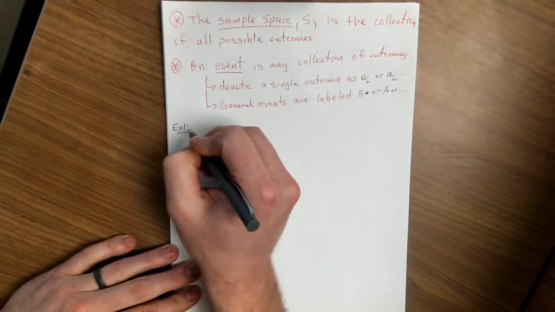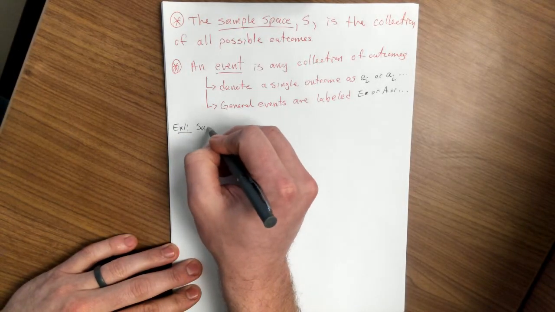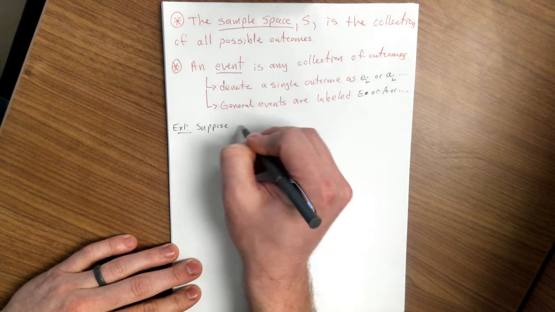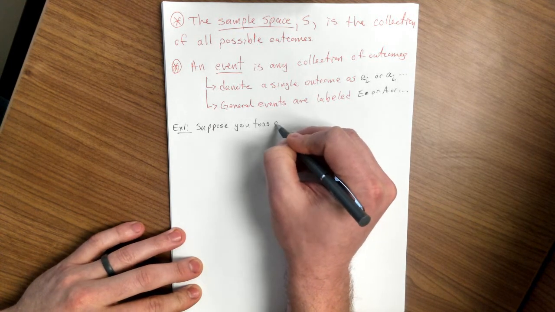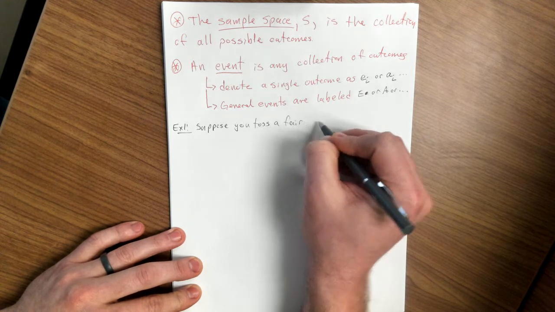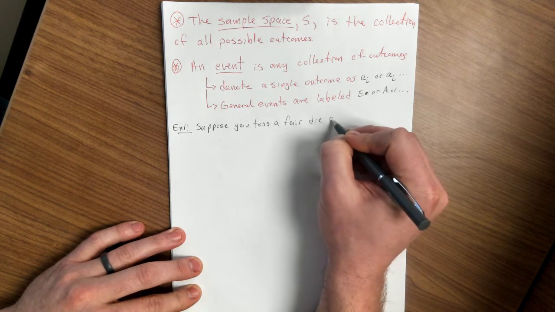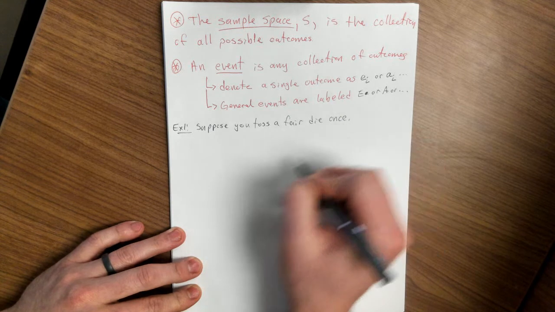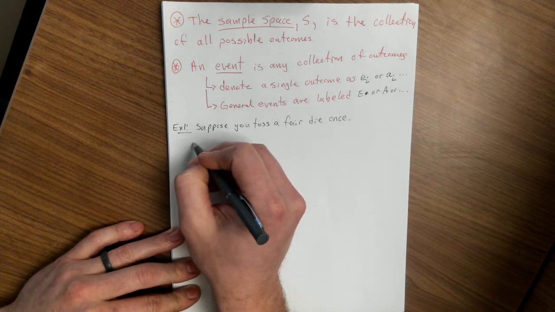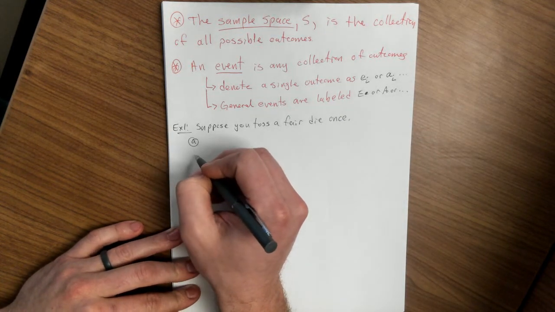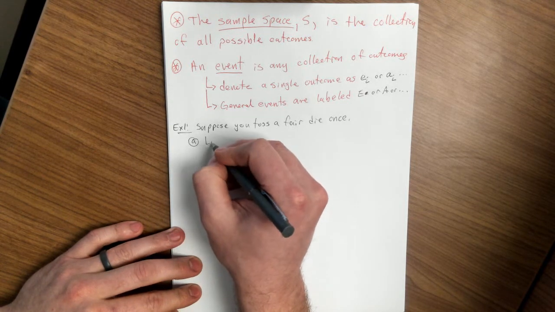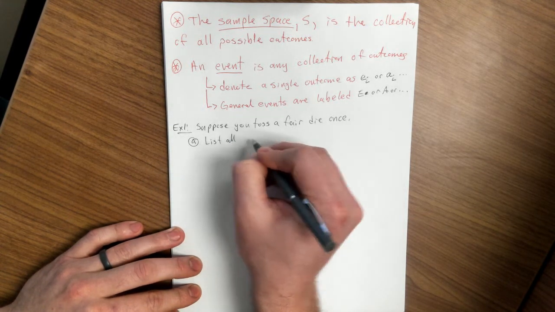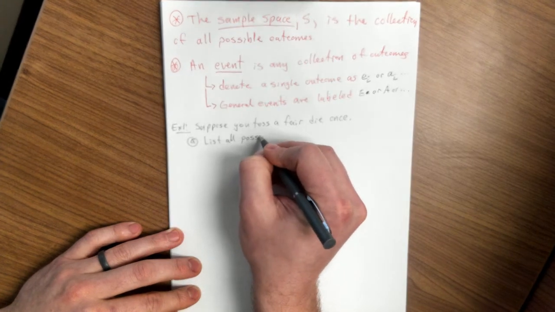Example 1. Suppose you toss a fair die once. Part A: list all possible outcomes.